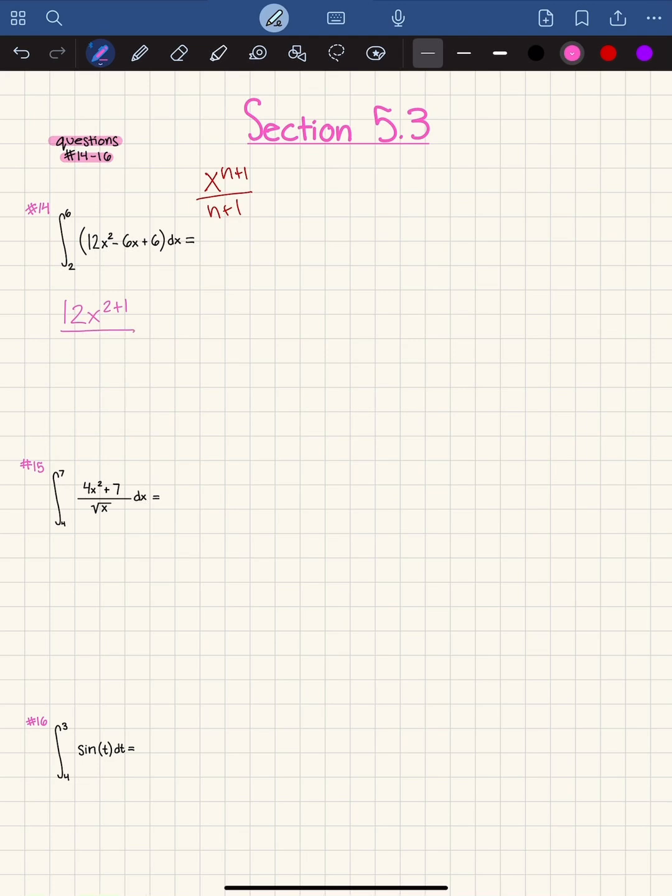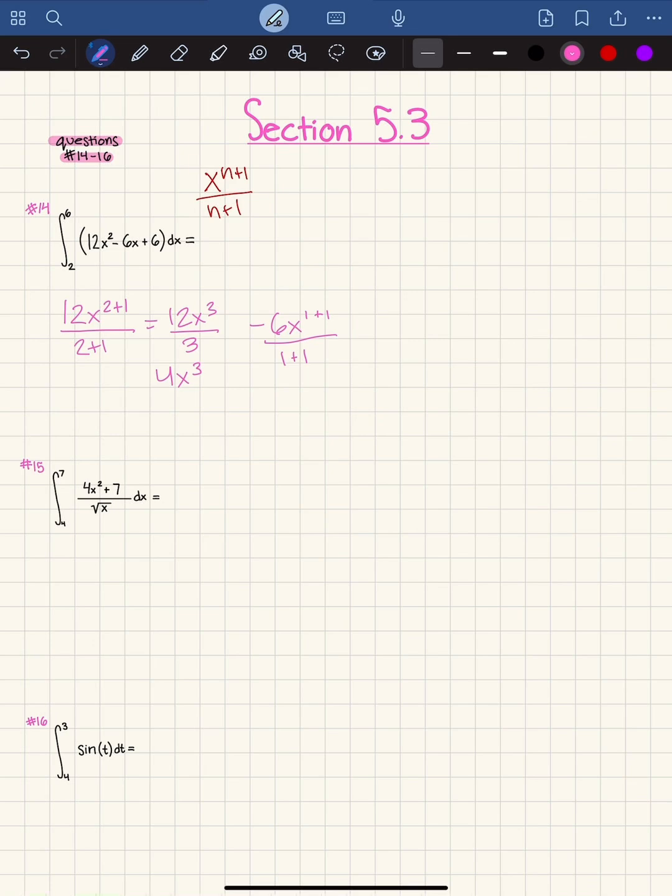So 12x to the second power plus 1 over 2 plus 1 is 12x to the third over 3, which simplified, 12 divided by 3, is 4. And then negative 6x is the next term. There's an invisible 1, plus 1 over 1 plus 1.